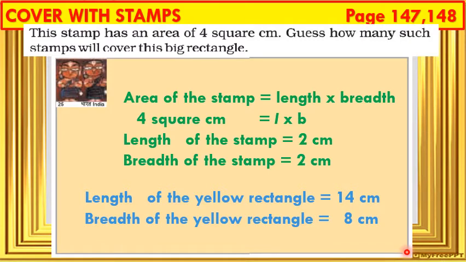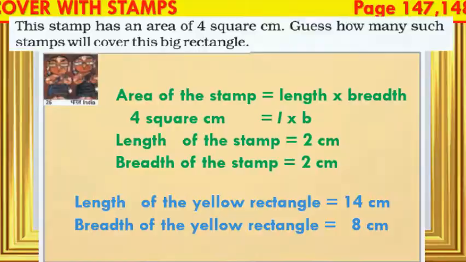Now arrange this stamp in the whole yellow rectangle. Length of this big yellow rectangle is 14 centimeters and breadth or width of this yellow rectangle is 8 centimeters, whereas the length and breadth of the stamp is 2 centimeters.